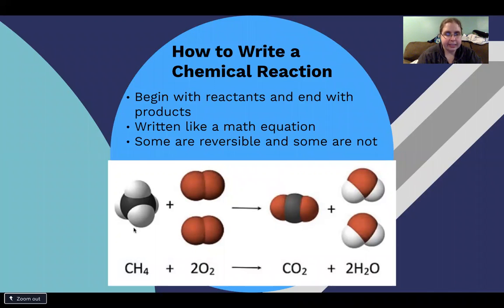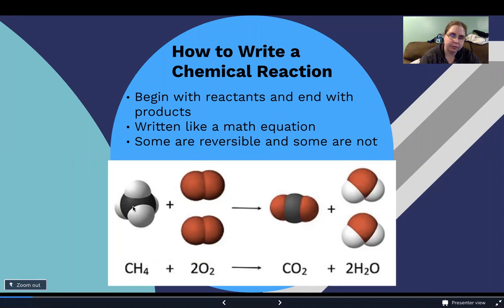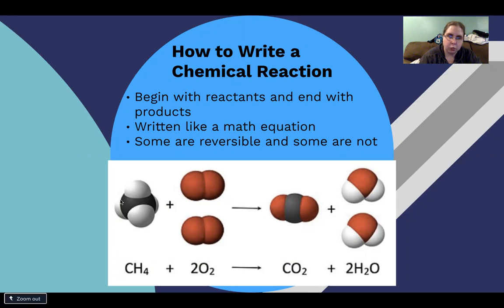As we see here, you can do it in terms of the picture, but normally it's easier just to write it out using chemical formulas. So we have one black circle, that's carbon, and 1, 2, 3, 4 white circles, that's hydrogen. So we have one C, 4 H's, CH4.